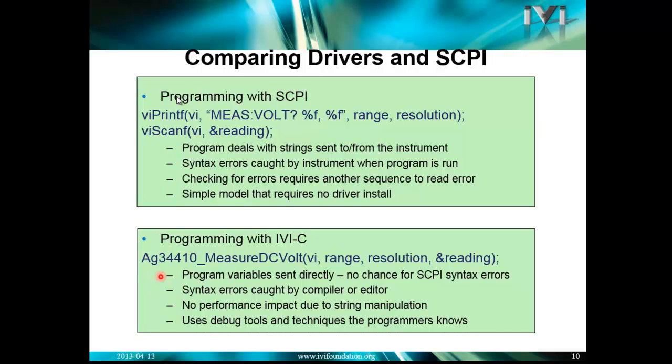There's no chance for a SCPI syntax error there because we're using the syntax that's implicit in the programming language we're using. If I forget a comma in this string or put a semicolon in the wrong place, I'm going to get a syntax error from my compiler when I compile the program. I don't get the error when I run the program and it talks to the instrument.